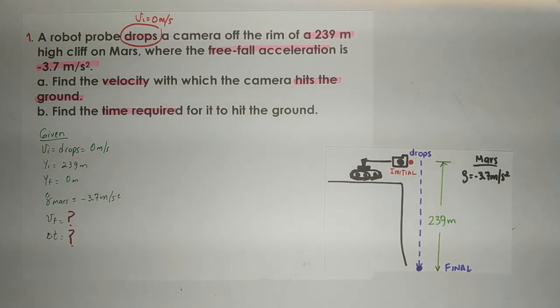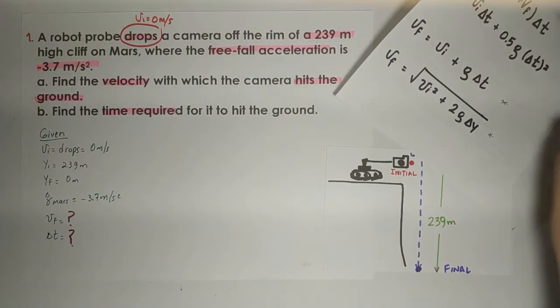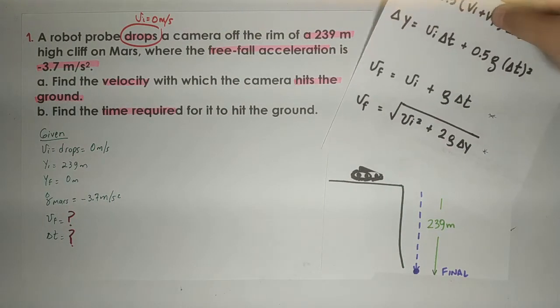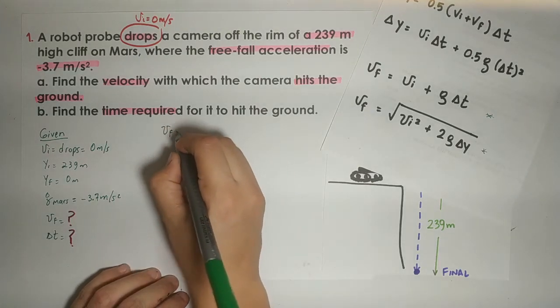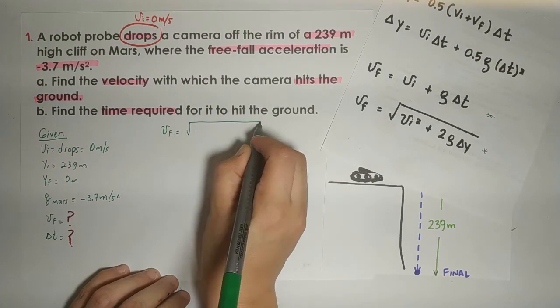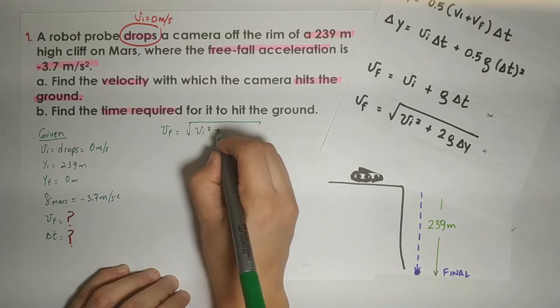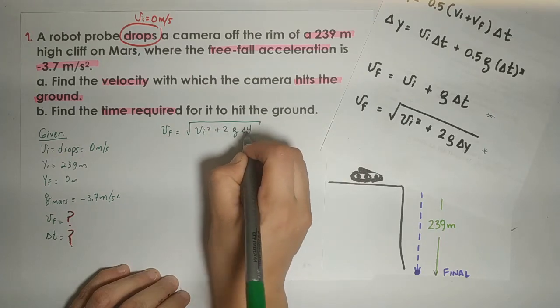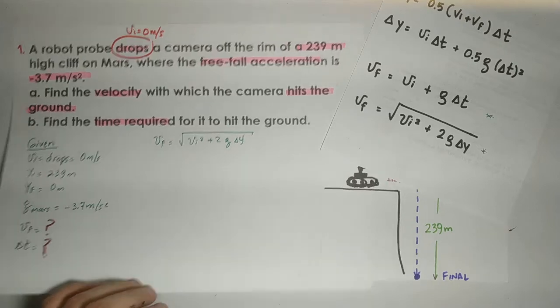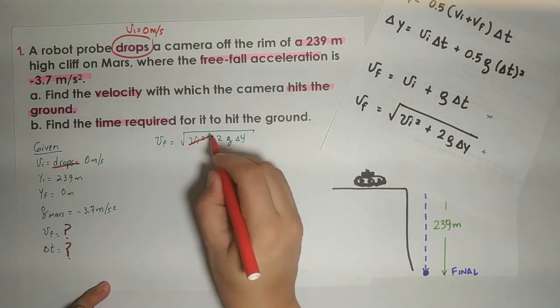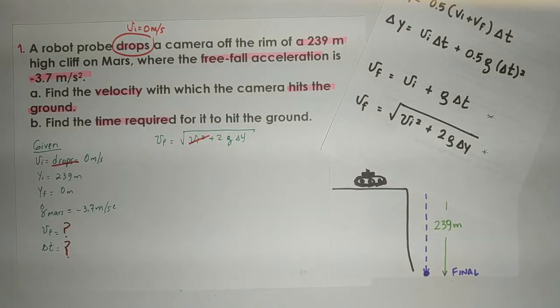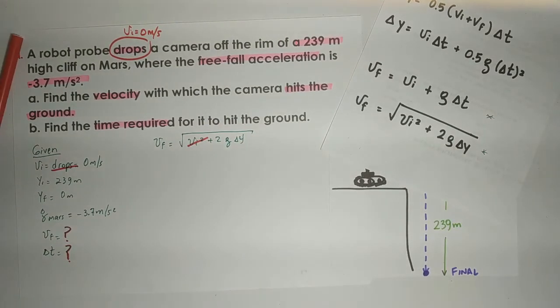So if I don't have the time, the only expression useful for this type of problem is the last one that says final velocity equals square root of initial velocity to the second power plus 2 gravity delta y. Now here the initial velocity, as it says drops, I know it's 0. I don't need it. Now I need my delta y.